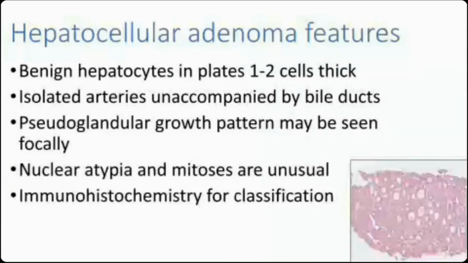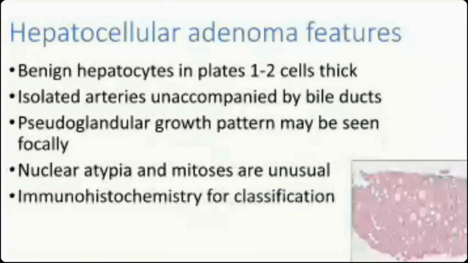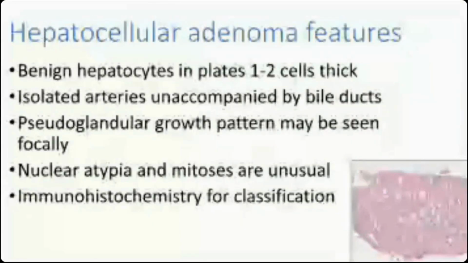You can get a pseudoglandular or pseudoacinar pattern of growth, but it should be minimal and focal. Here is an HCC just to highlight pseudoglandular or pseudoacinar pattern of growth. And I find those quite worrying features. They do make me sit up and take a bit more notice.